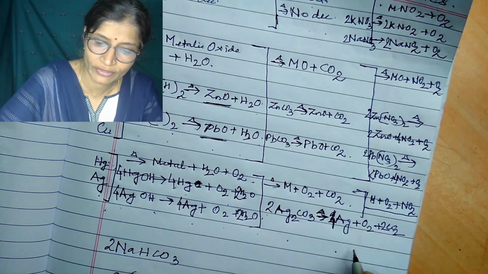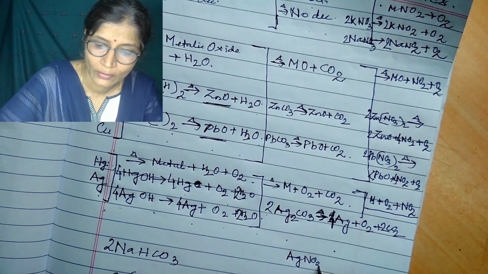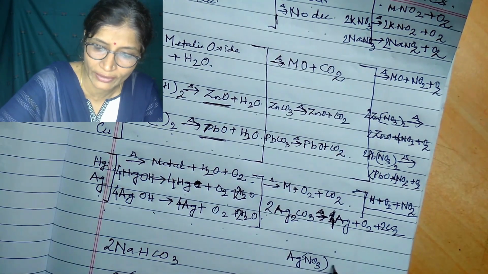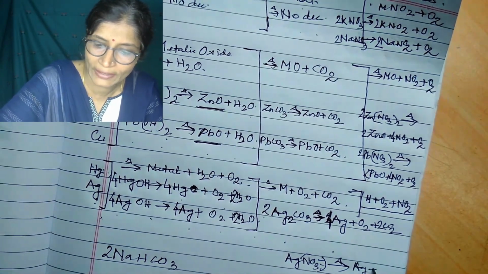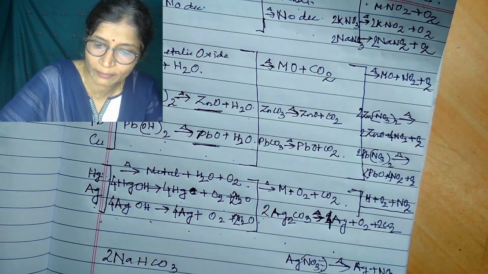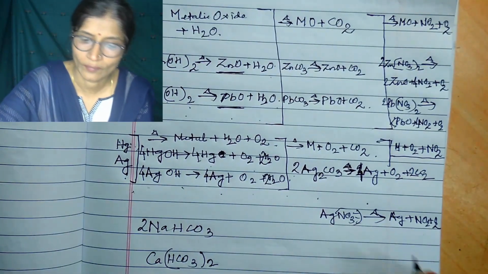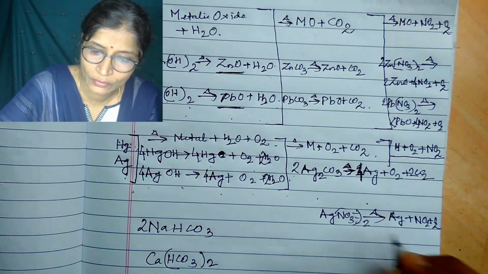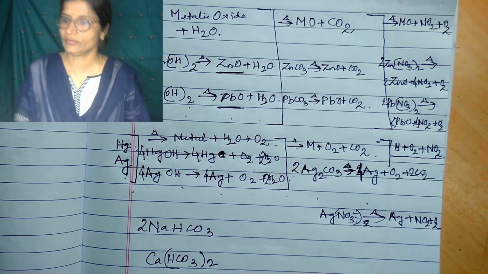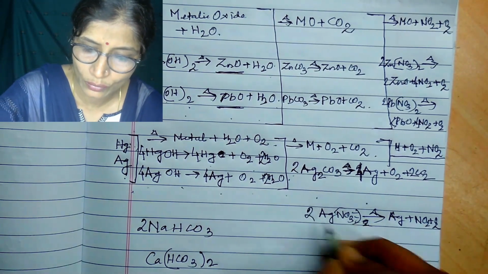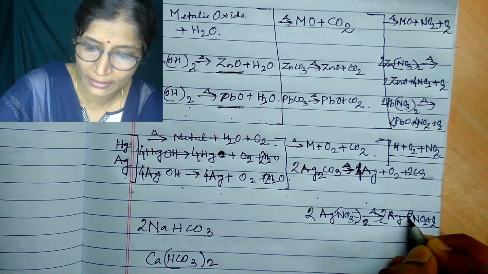For example, silver nitrate, AgNO3, when heated, gives silver plus nitrogen dioxide plus oxygen. Balance it: 2, then 2, and here also 2. So now it is balanced.